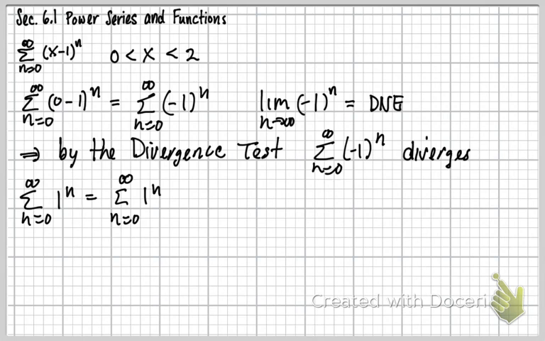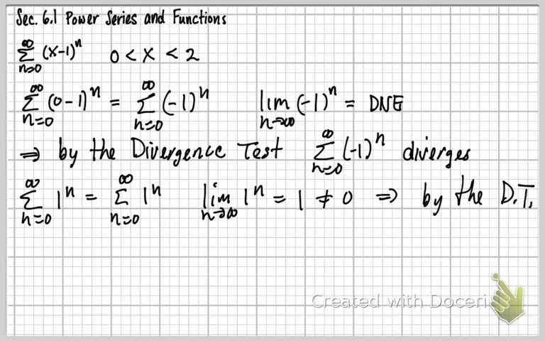So again, I'm going to use a divergence test here. So I'm going to take the limit of the a sub n, which is 1 to the n as n goes to infinity, and that's going to equal 1. And again, it's not 0, so that implies by the divergence test that the series n equals 0 to infinity of 1 to the n diverges.